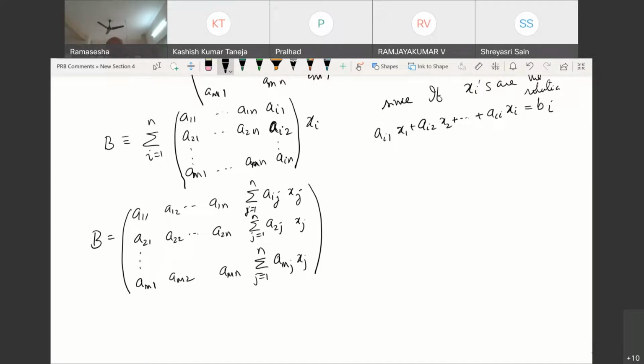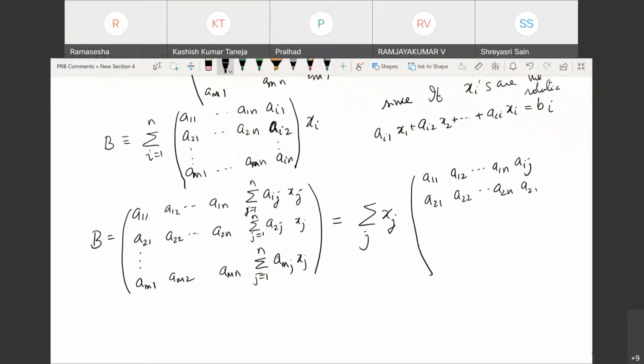I have just expanded it and written down matrix B. And if that is matrix B, I can actually write it as sigma over j, I take a common factor xj, and I can write it as a11, a12 to a1n, then a1j. Okay, a21, a22 to a2n, then a2j, and then the same thing for a31, etc. So let me write the last one: am1, am2 to amn, and then amj.